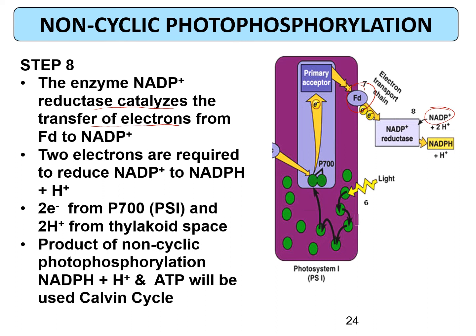So NADP+ will be reduced as it receives the electron from the ferredoxin and a proton, reduced to NADPH plus H+. The proton comes from the thylakoid space. So the products of non-cyclic photophosphorylation are NADPH and ATP. This will be used in the Calvin cycle.